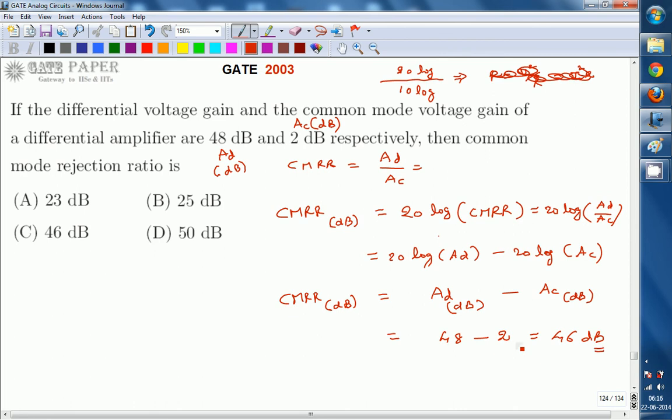The common mode rejection ratio in decibels is 46 decibels, so this is option C. If you want the normal CMRR value, you write CMRR in decibels equal to 20 log CMRR, so CMRR is 10 power 2.3. So the right answer for this question is 46 decibels. Thank you.